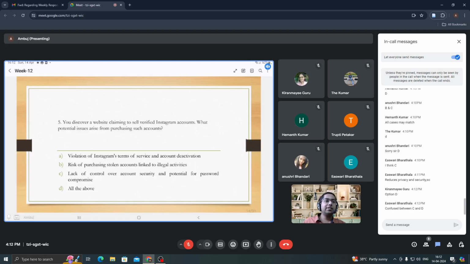You didn't write anything after. So, confused between C and D. Okay. See, I'm telling you, the potential of option C would be slightly higher. I understand, but it doesn't reduce the potential of option A and B. Don't you think so?